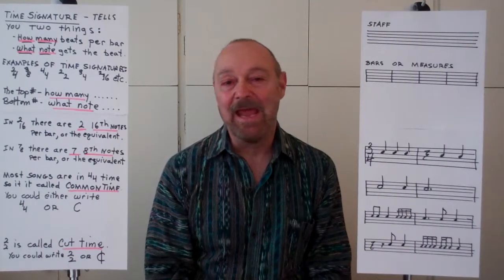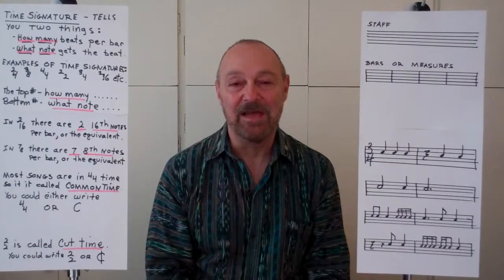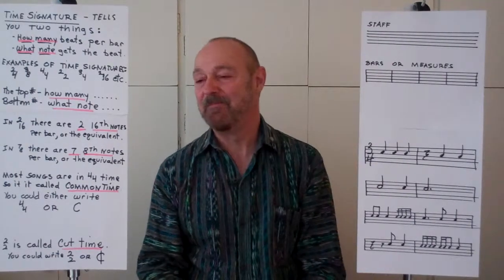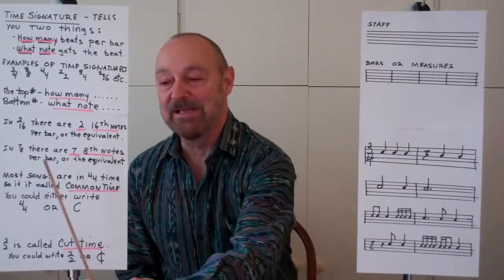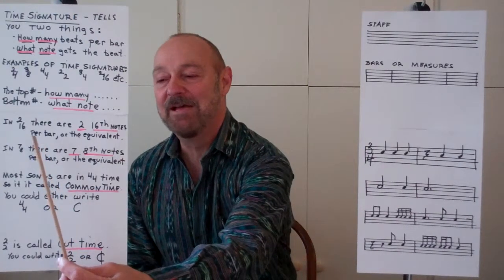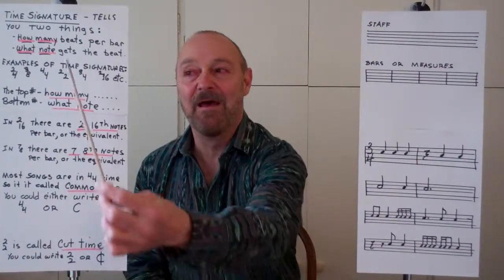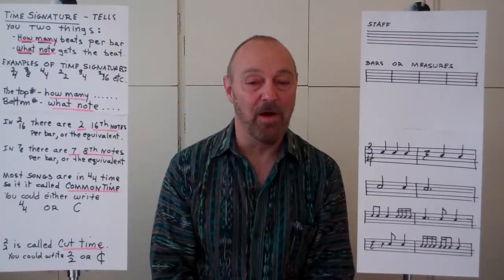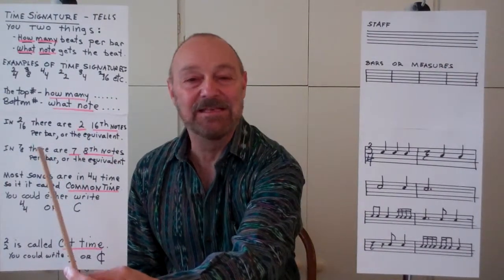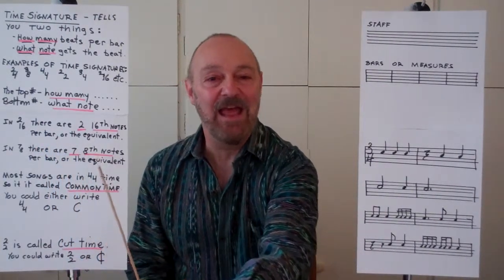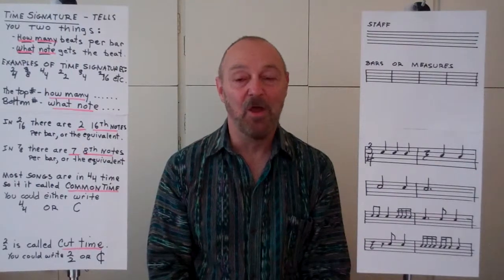It has to be any combination of notes and or rests that equal exactly 2 16th notes. Another time signature is an example of 7 over 8. In 7/8 time, there are 7 pulses per bar, and the bottom number 8 stands for 8th notes. So in 7/8, there are 7 8th notes per bar, or the equivalent.